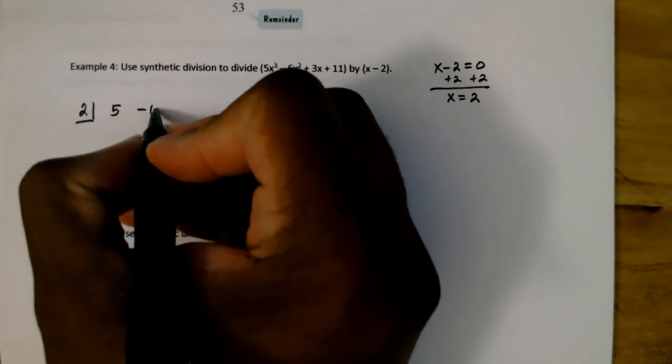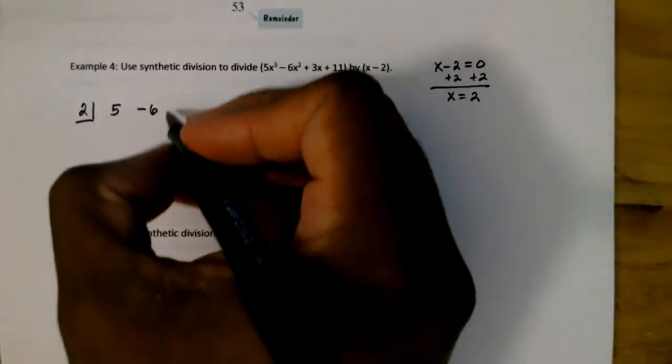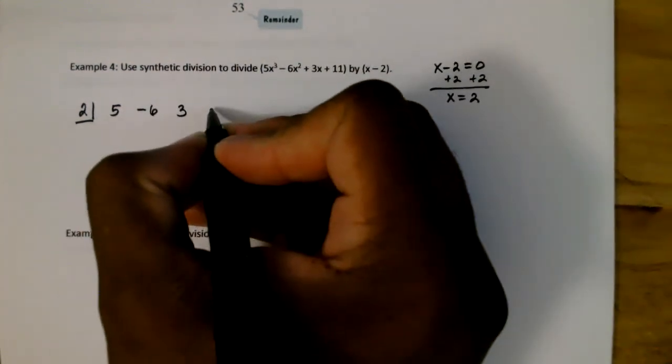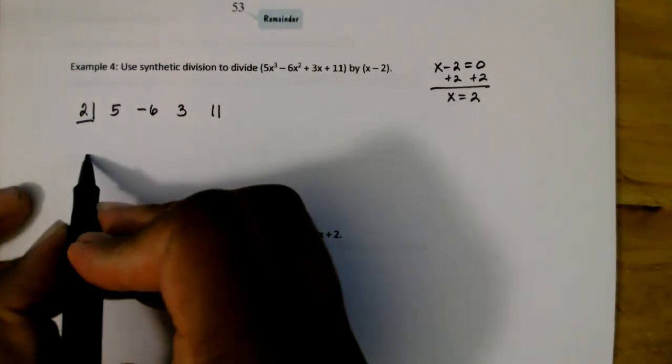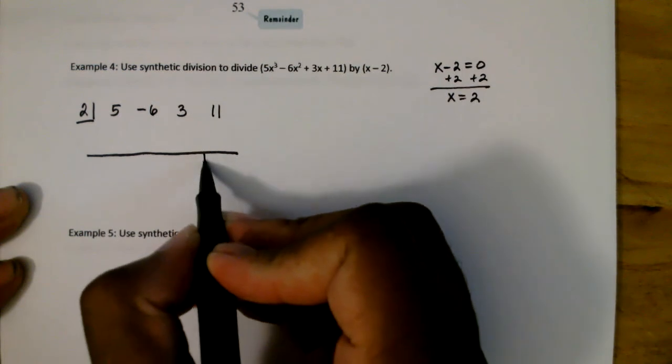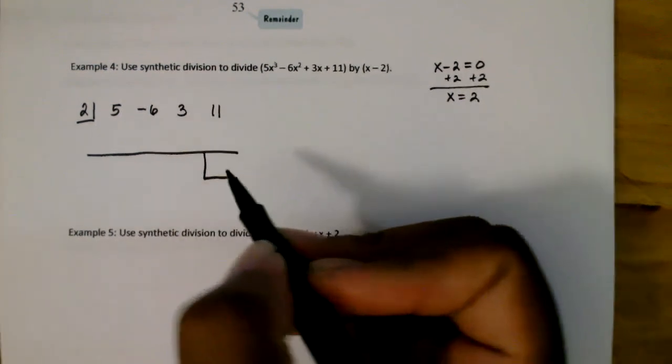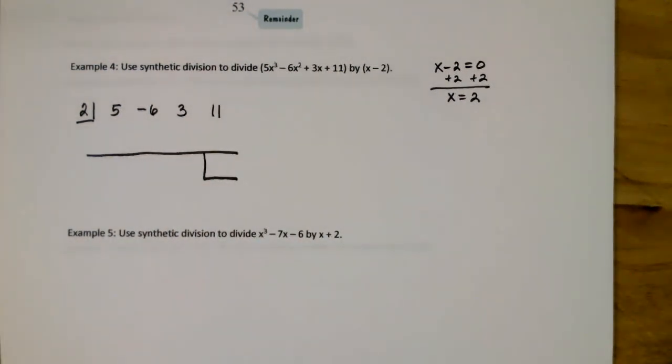For minus 6x squared, that coefficient is negative 6. For 3x, that coefficient is 3. And the constant term is 11. And notice I'm drawing a little bitty box here. That's to separate the quotient from the remainder.